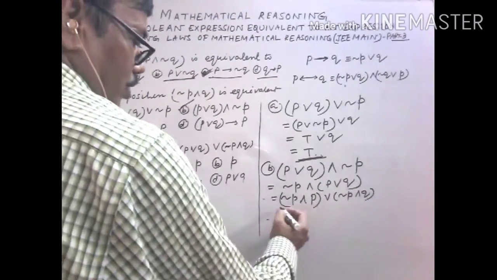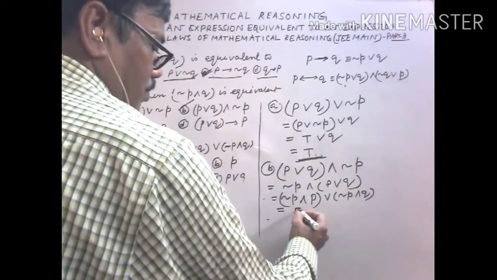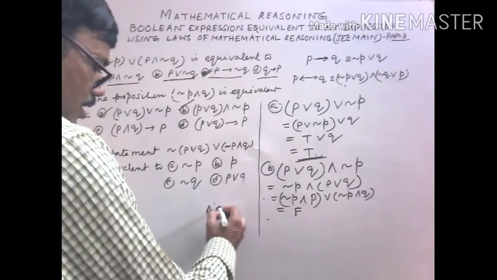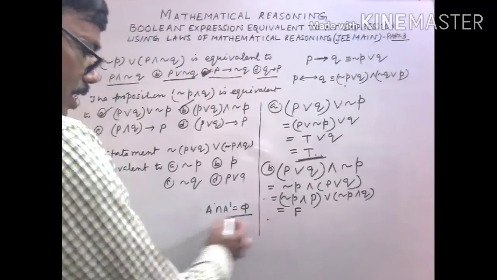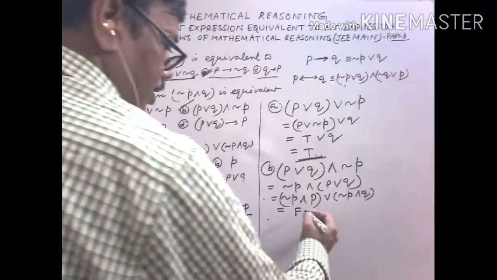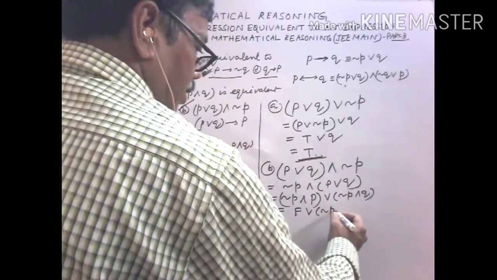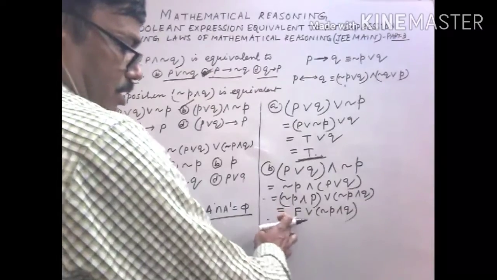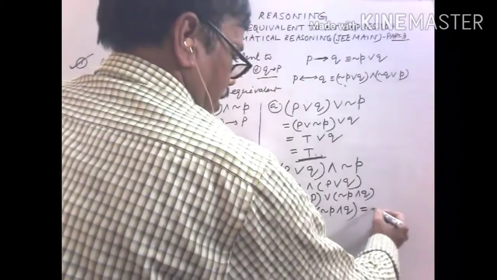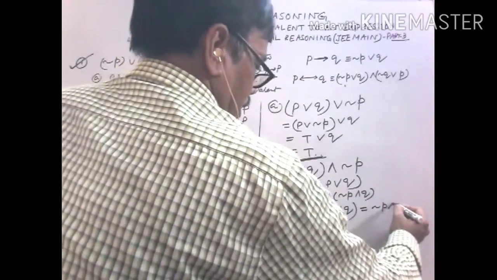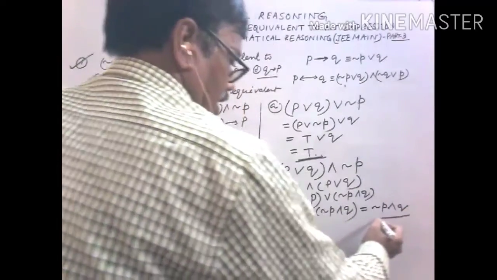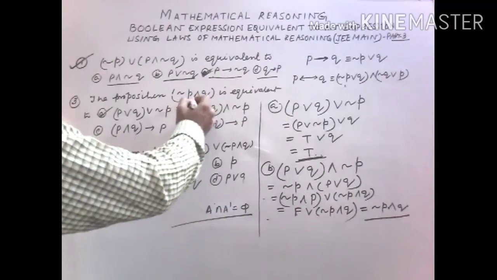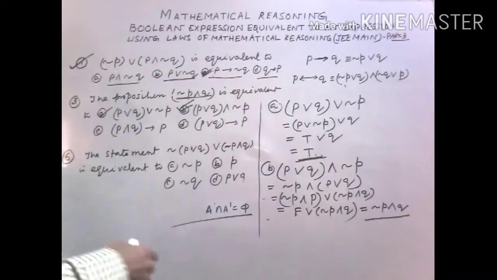Now this one is phi, that is a fallacy. Phi: A intersection A dash equals phi. Here phi is replaced by fallacy. Union negation P intersection Q. This is the smallest set, phi. So you get the answer as P conjunction negation P conjunction Q. So we are getting the second option equal to this.